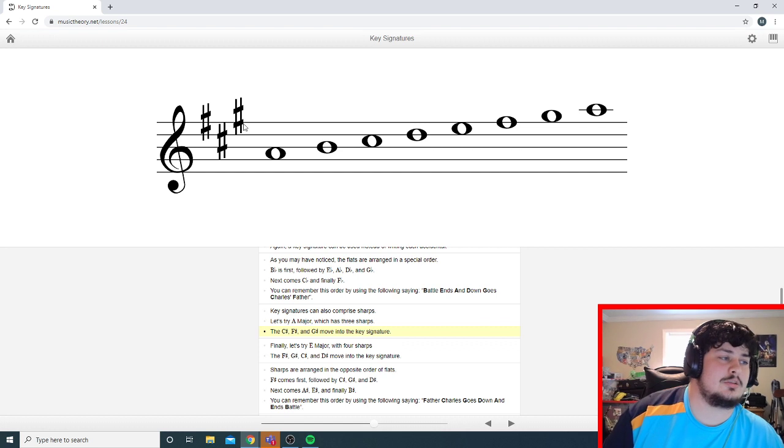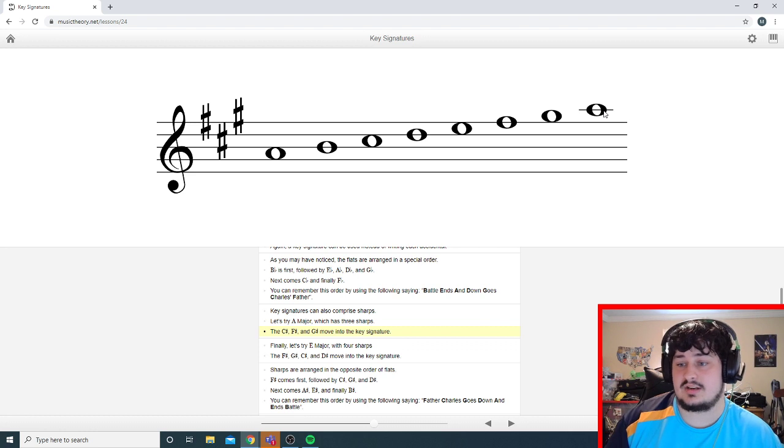You go to the last sharp. The last sharp is G sharp, which is right here, and you go up 1 note, which is A. The next letter name up is the name of the scale. So G sharp to A, so it's called A.